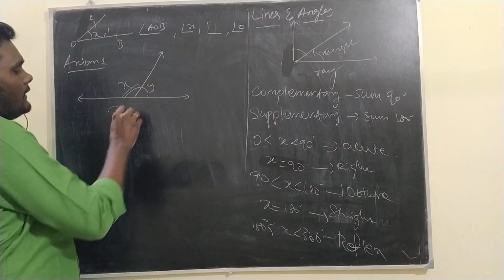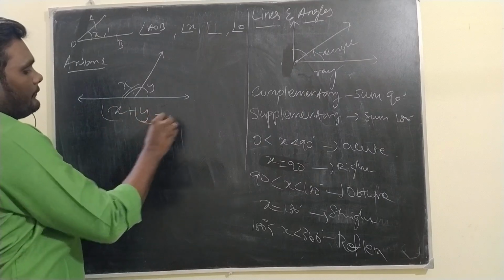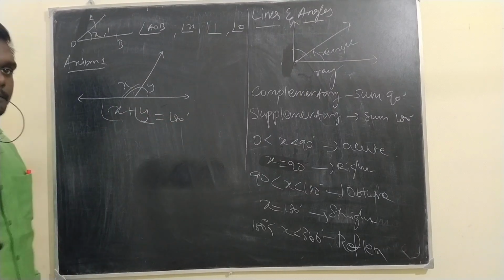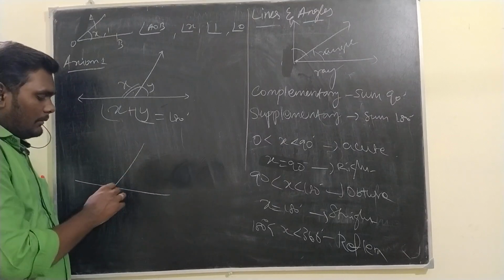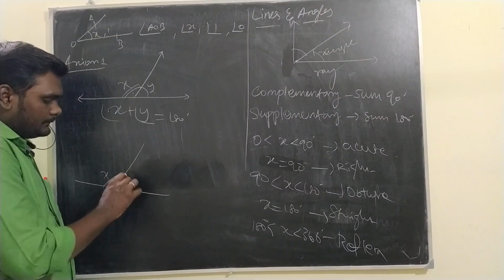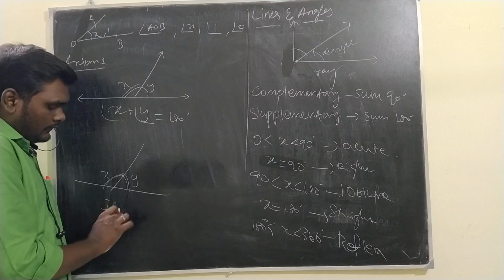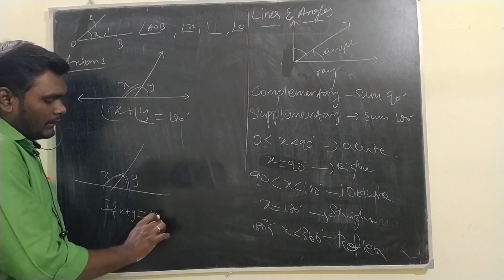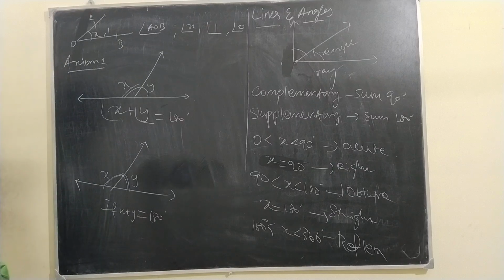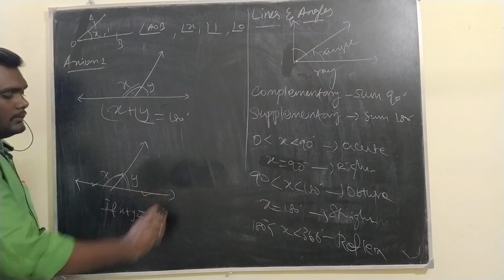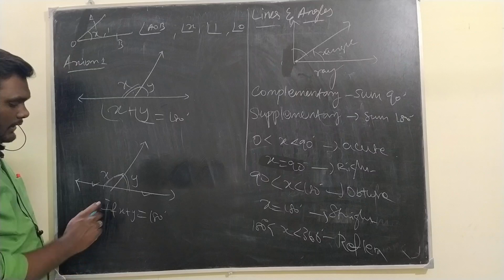So x and y means the measure of x and y is 180°. On the other hand, if the sum of two adjacent angles x plus y equals 180°, then their non-common arms form a straight line. Who is their non-common arm? This is their non-common arm.